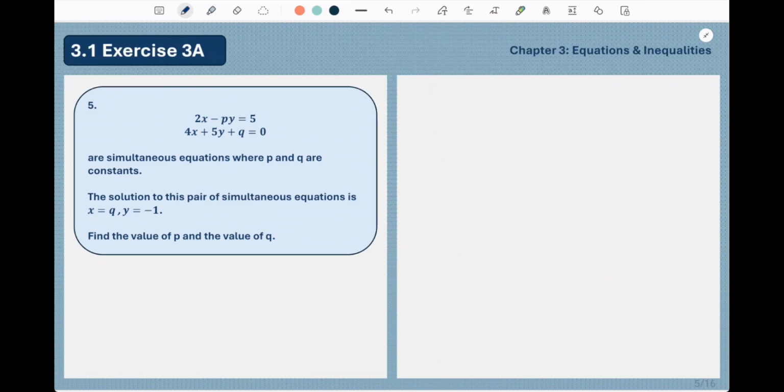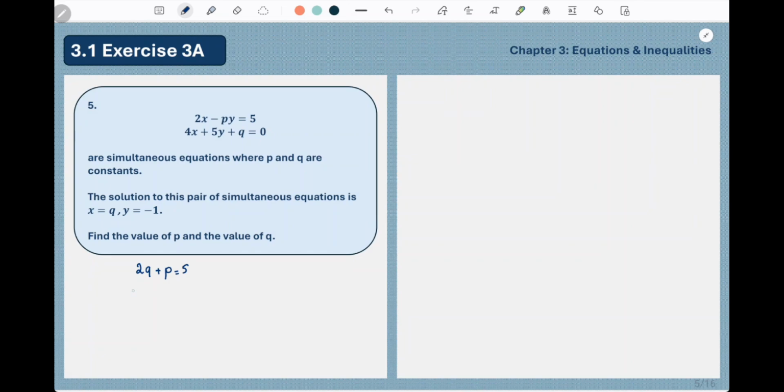Basically we're given values of x and y. To cut down on the number of variables, the first thing I'm going to do is replace x and y by q and minus 1 accordingly. So x being q is going to be 2q minus p times minus 1, so plus p equals 5.